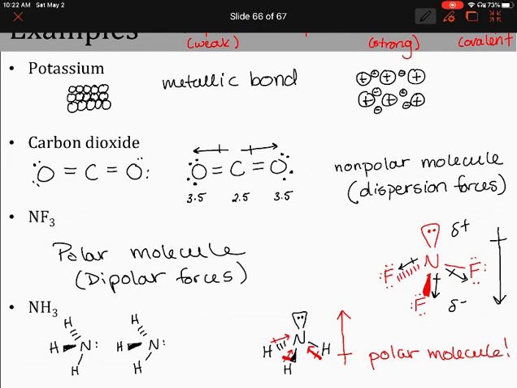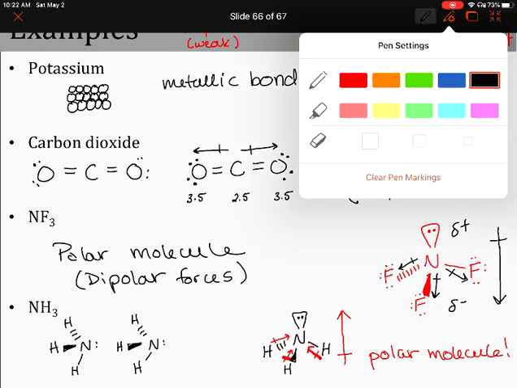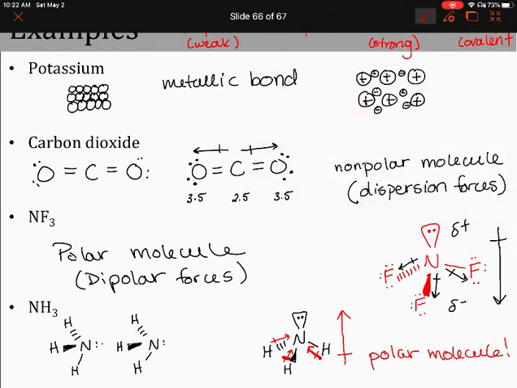They would want to orient themselves so that the partially positive side of one molecule is facing the partially negative side of another molecule. But additionally, we would see a very strong attraction between the hydrogen of one of these NH3 molecules and the nitrogen of the other molecule. So that would be a hydrogen bond.